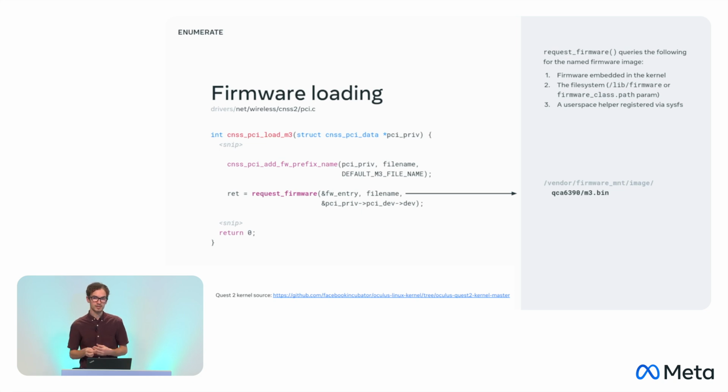So when Linux has a driver that needs firmware for a device, the driver reads that firmware from a file on disk from user space. That's not something very commonly done in Linux. You don't usually read things off the file system from the kernel, because the file system is for user space.